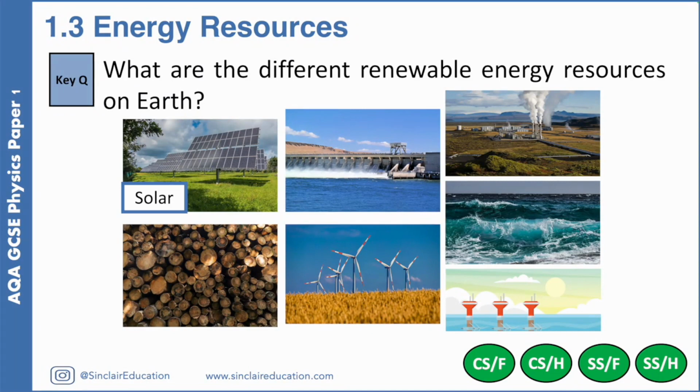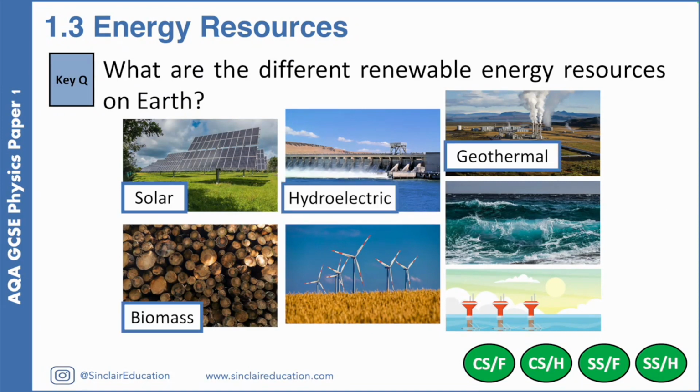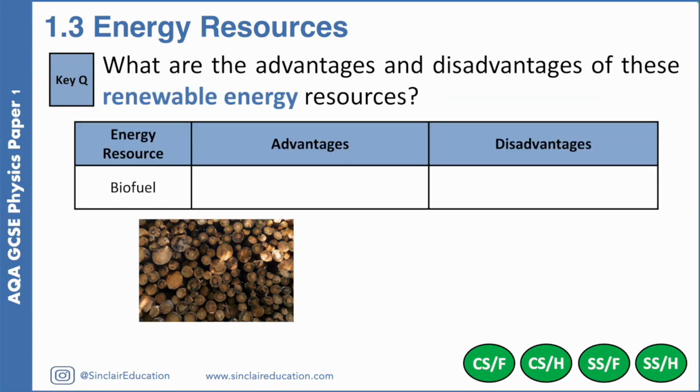Renewable wise, we've got solar, hydroelectric, geothermal, biomass, wind, wave and tidal. With our renewables, the huge bonus is they are not about to run out. With biofuel, so this is when we burn plant material that's been more recently grown. It is reliable. We know that wood and plants will burn when we expect them to, and it is also carbon neutral.